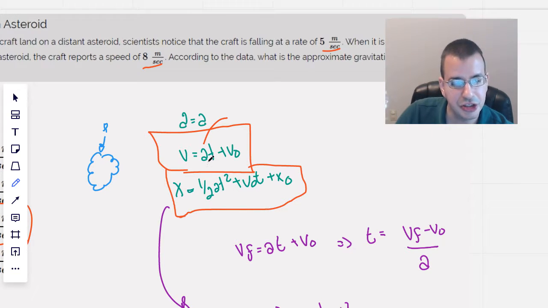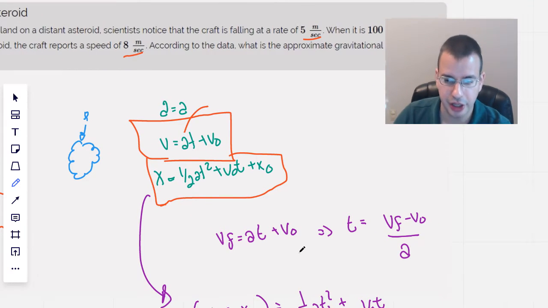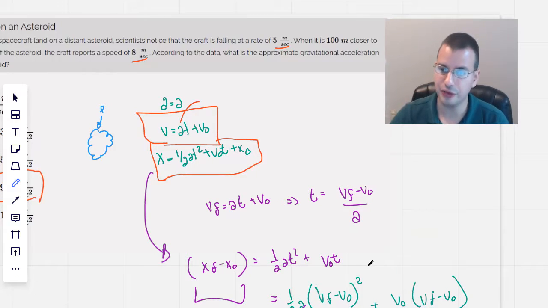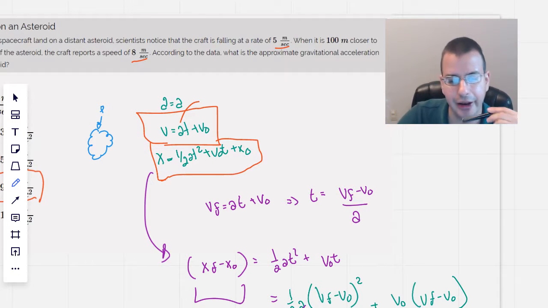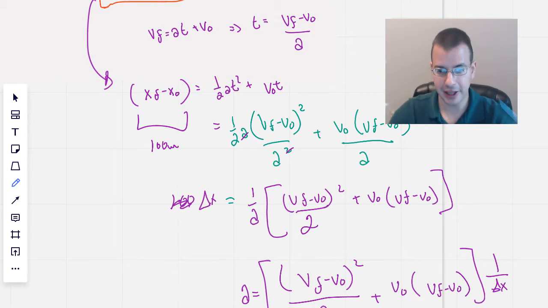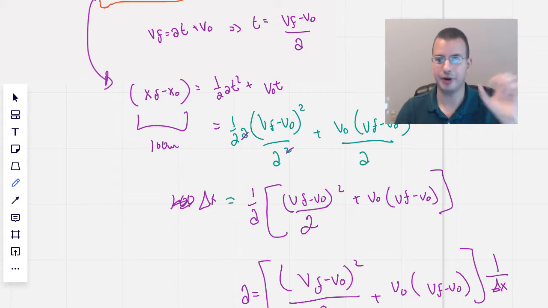So I took this, solved for one of the unknowns. In this case, I solved for time. That way I'll be left with acceleration. Plugged it into my second one, kind of fiddled it around for a while, got lucky that all the numbers were kind of reasonable and I can kind of do them in my head. And from there, I just plugged through until I got an answer. I would not memorize this process, like, oh, okay, if I want to find acceleration, I do this.